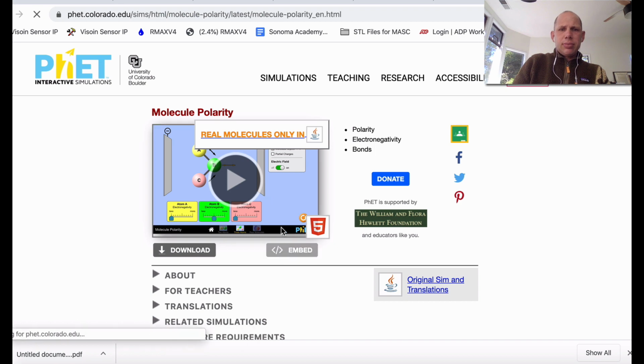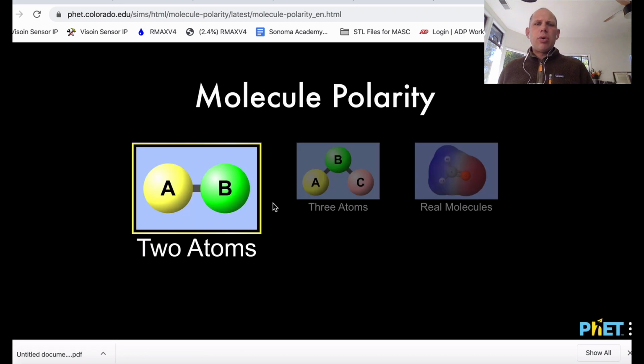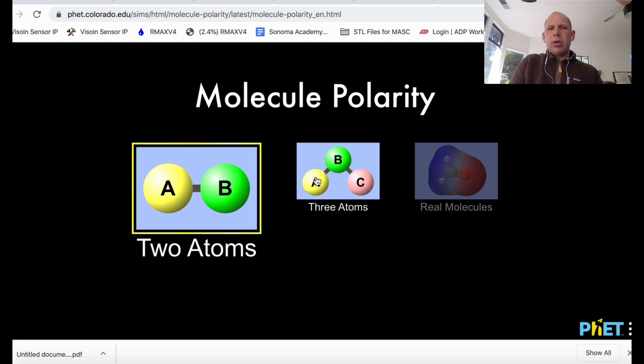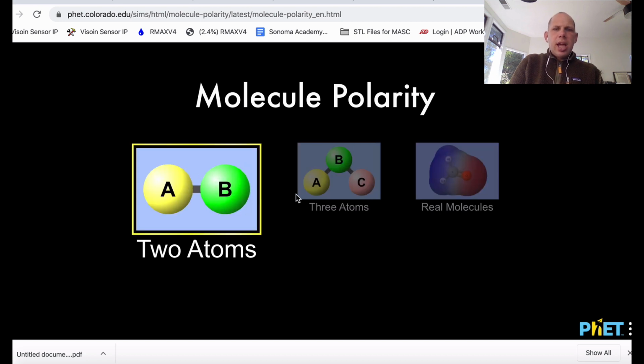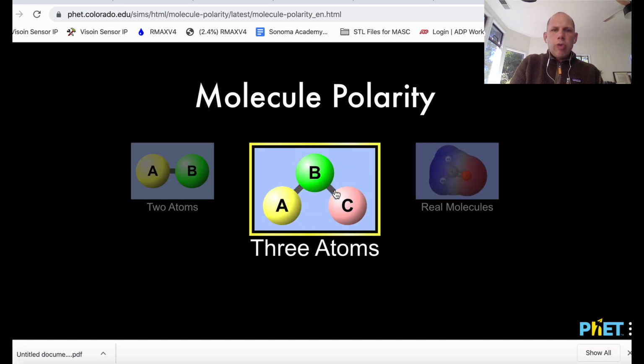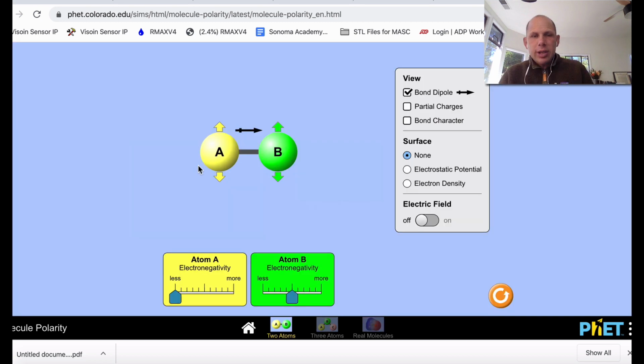So what you're going to be doing today is working through a simulation. The simulation has two modes: the 2-atom mode and the 3-atom mode. This real molecule mode, ignore that. It doesn't work. So 2 atoms and 3 atoms, notice we're talking about covalent bonds, or sharing of electrons. When you're doing this, there are some things I want you to pay attention to. You're only going to be clicking on this link that says bond dipole or partial charges.